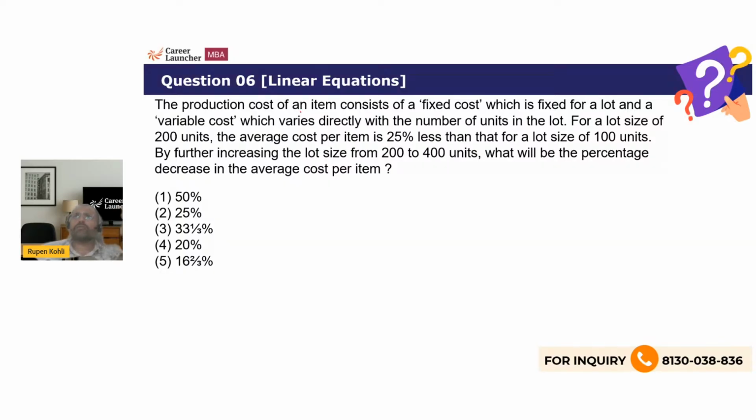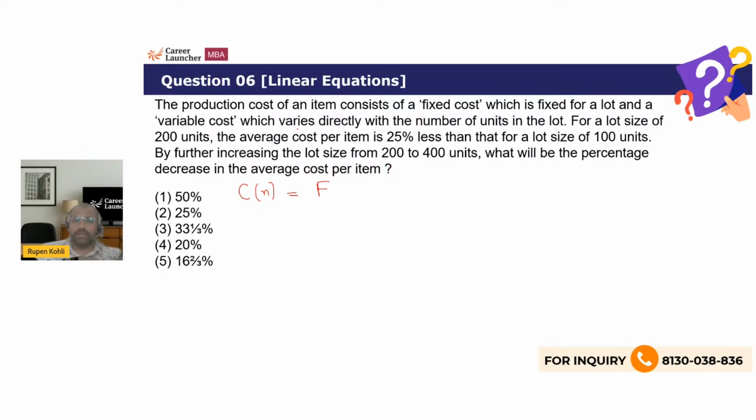So basically, the question is trying to describe cost as a function of the number of items or units in the lot. So C, the cost, as a function of n, the number of units in the lot. C as a function of n is the sum of two things. One is a fixed cost. Let's call that f, right? Some fixed component is there in the cost, and then a variable cost which varies directly.